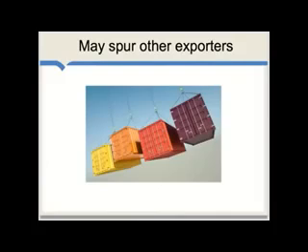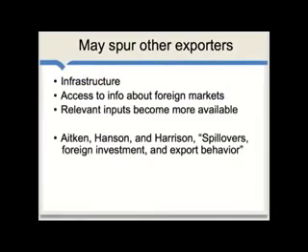Along related lines, it seems that having a multinational in your country, especially one which is exporting, makes your other domestic exporters more efficient and more likely to be able to export themselves. And think about some of the mechanisms here. Having a multinational may help build up the infrastructure in a particular region.